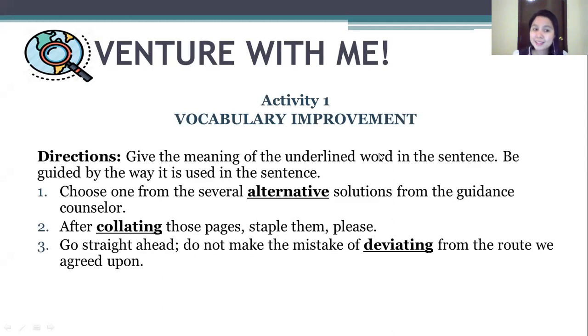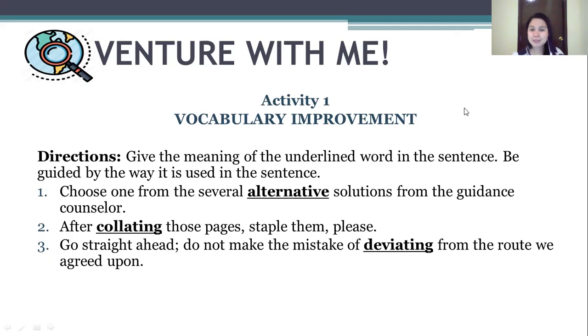Next one, let's have Bryant. Go ahead, go straight ahead. Do not make the mistake of deviating from the route we agreed upon. Deviating. Let's use context clues. Go straight ahead.